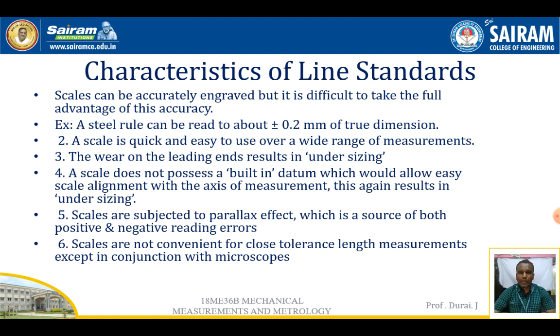The steel rule reads only to about 0.2 mm of true dimension, so we cannot get clear dimensions, and differences like 0.1 mm we cannot find with the help of the line standard. That is one more characteristic of this line standard.